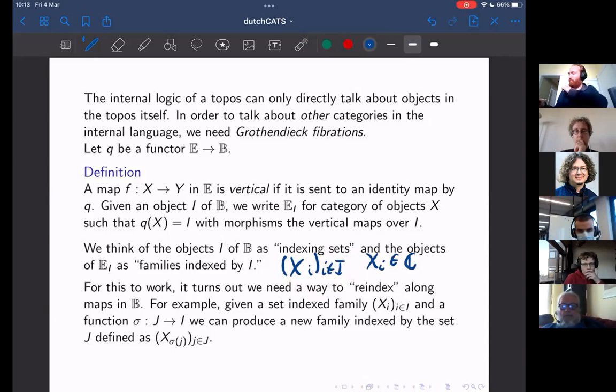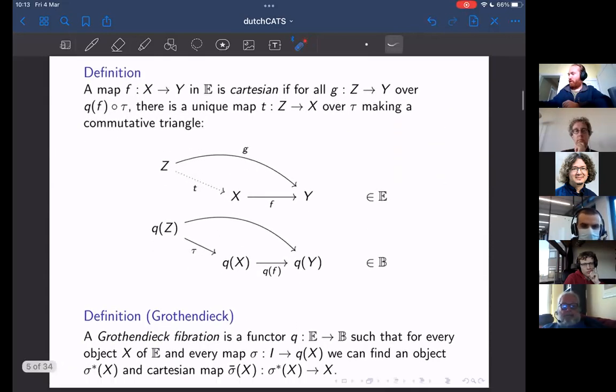So in this example, set indexed families, if we have a family of things indexed by I and a function sigma from J to I, then we can turn it into a family indexed by J just by having the same objects, but composing with this map sigma. So this is a re-indexing to get a family of things over J rather than the family of things over I.